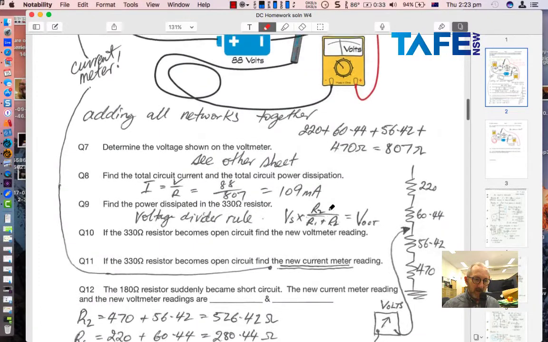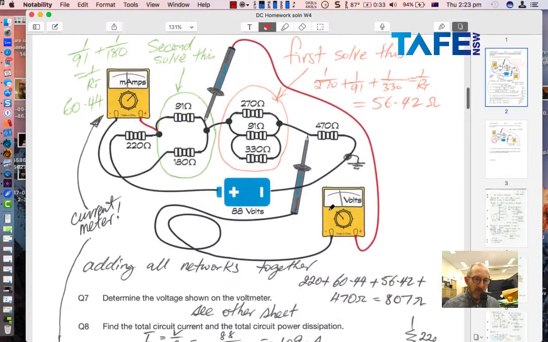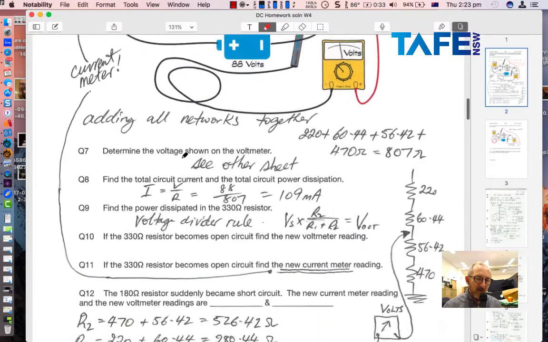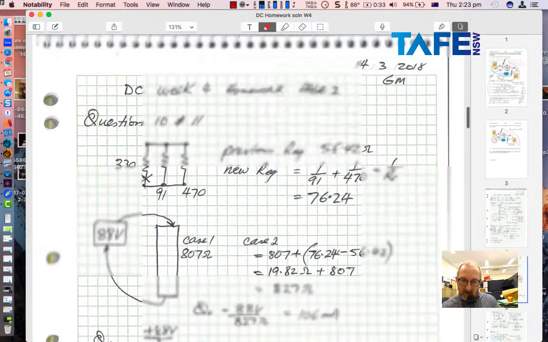Oh dear. Look what I did. I didn't read my own words. Here's the current meter. It's not talking about the circuit current. It's talking about the current meter. And the current meter is sitting here off the end of the 180 ohm resistor. So I went back into that and I redid that question.